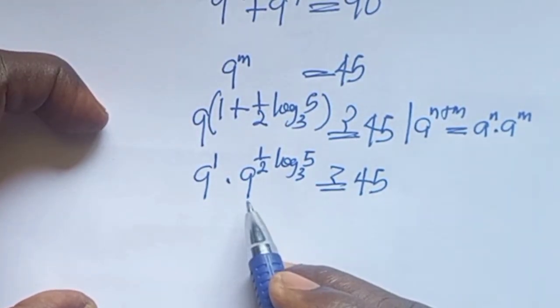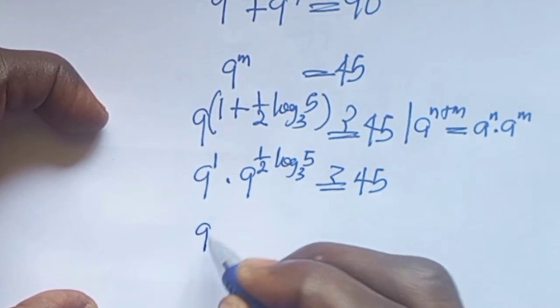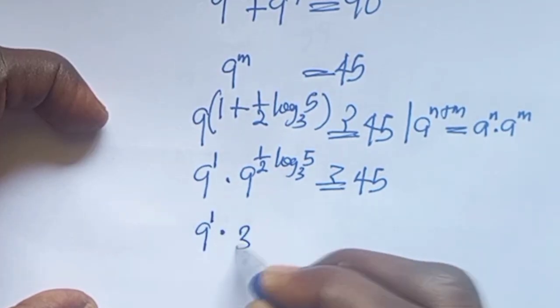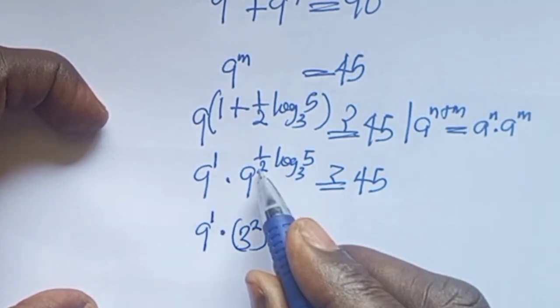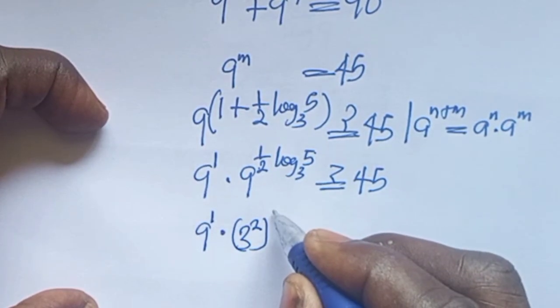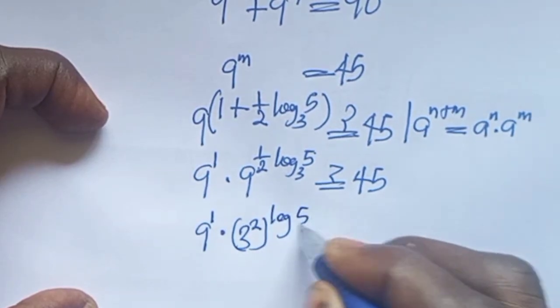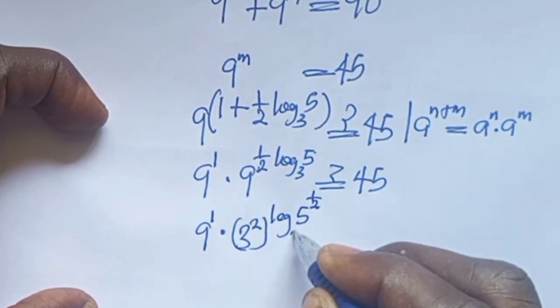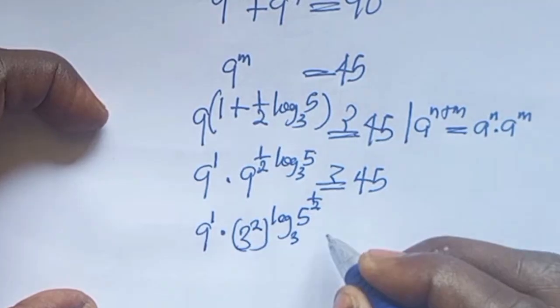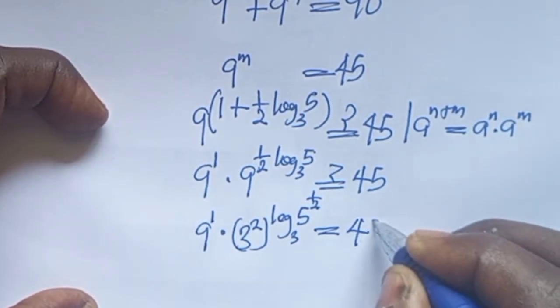Here 9 can be written as 3 to the power of 2, that is 9 to the power of 1 times 3 to the power of 2, and the power goes up so that it becomes log 5 to the power of 1 over 2 and base of 3. Can this be equals to 45?